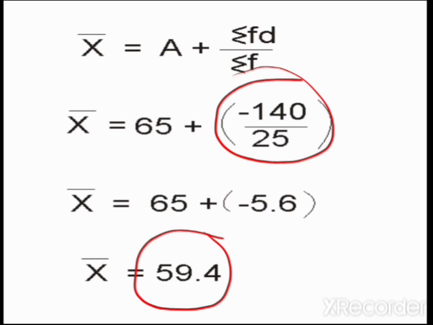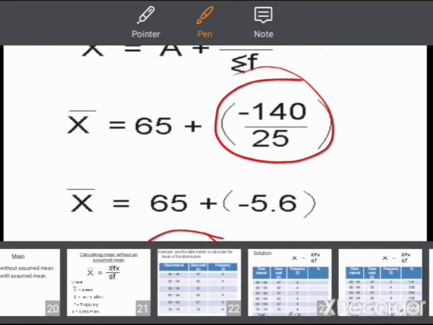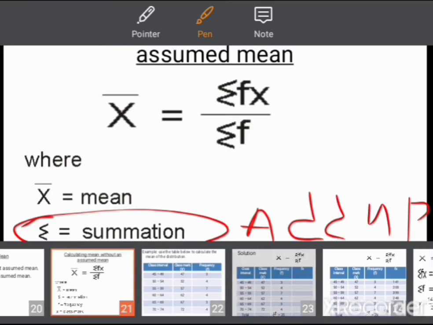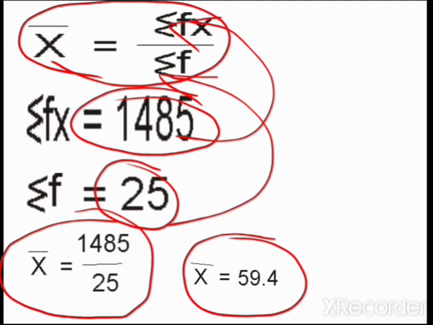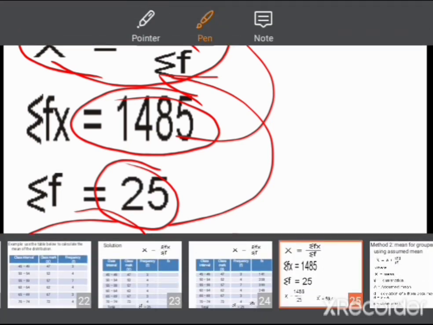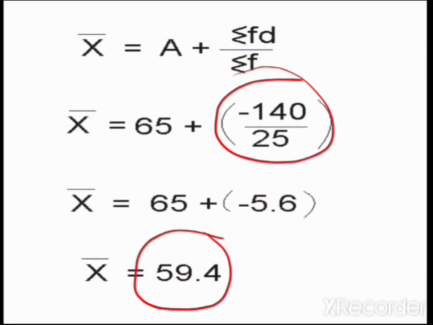Now take note. I just used an arbitrary figure, any figure I like as my assumed mean. I just used my home address. And it gave me the same answer as the previous one we did using the normal method, which is without assuming. It gave us 59.4. And when we use the assumed mean method, it also gave us 59.4.